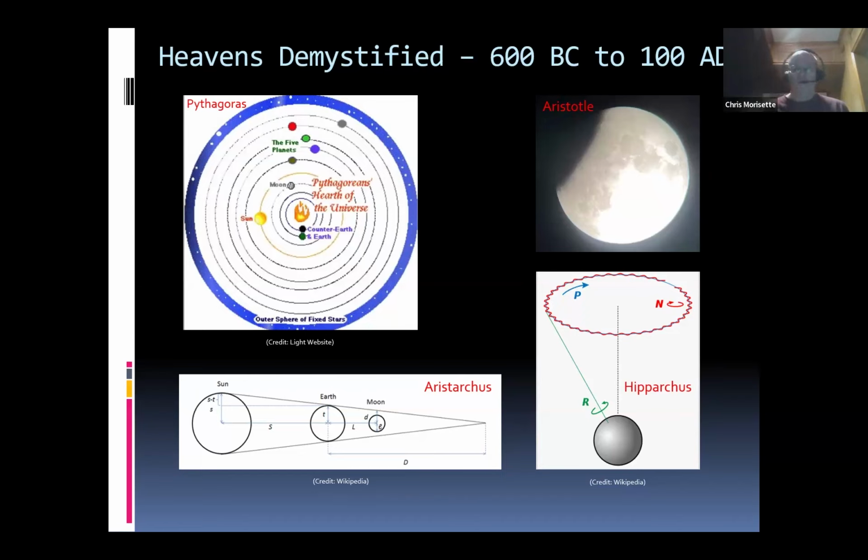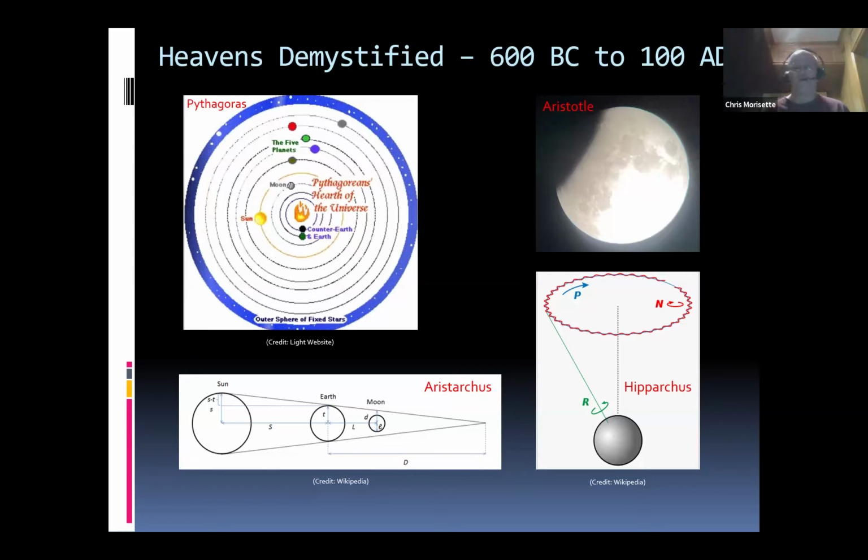When we get to Aristarchus, he employed eclipses and geometry to begin to calculate the dimensions of the solar system. So he was the first to kind of take a stab at arriving at relative dimensions of the solar system. He concluded Earth is much smaller than the distances to the other objects, and that's pretty important.